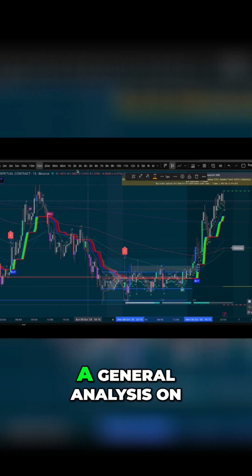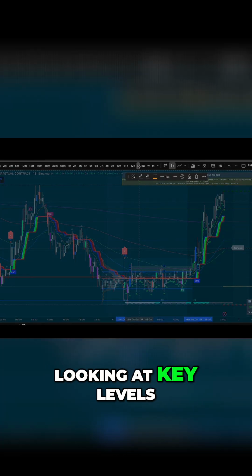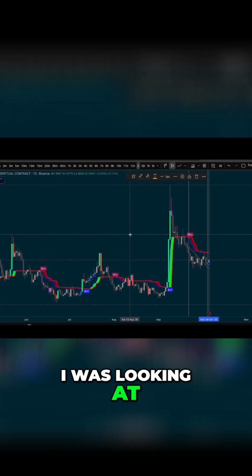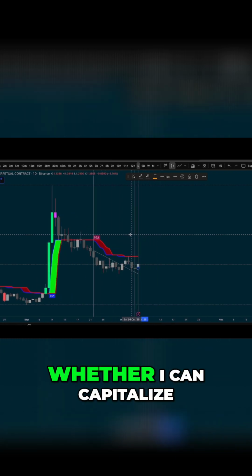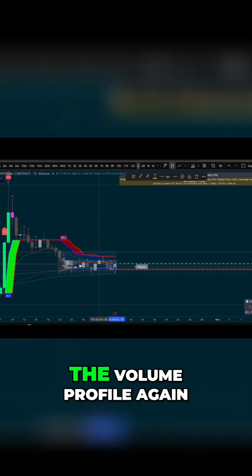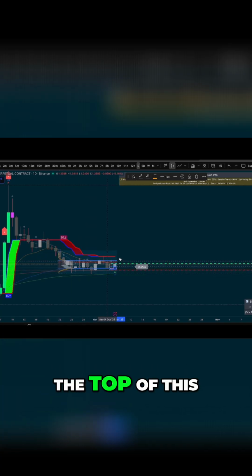Now, I've done a general analysis on the daily time frame, looking at key levels here. And what was I looking at? I was looking at the areas where price was moving sideways, and I wanted to see whether I could capitalize on this movement downward. So I brought in the volume profile again, and I blocked it from down here to the top of this move.